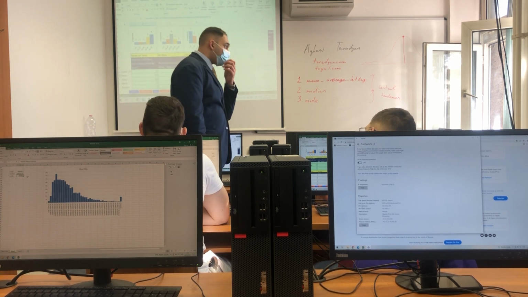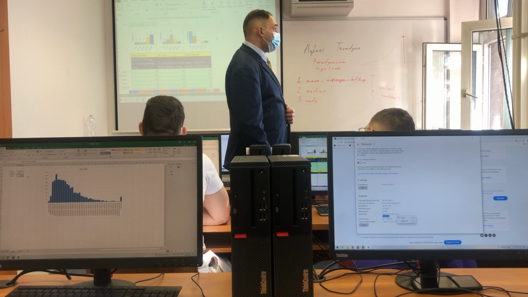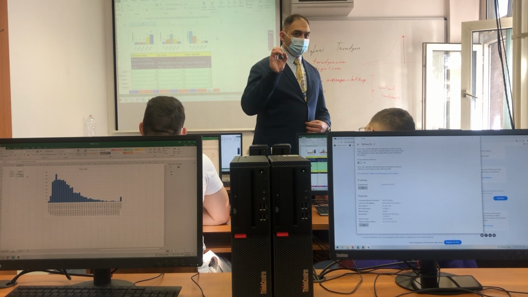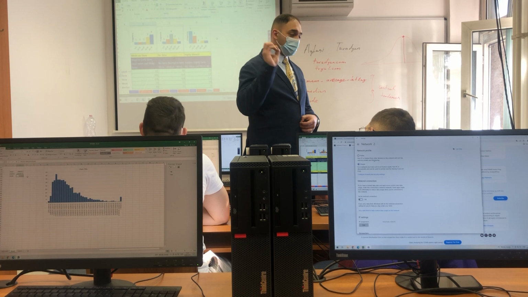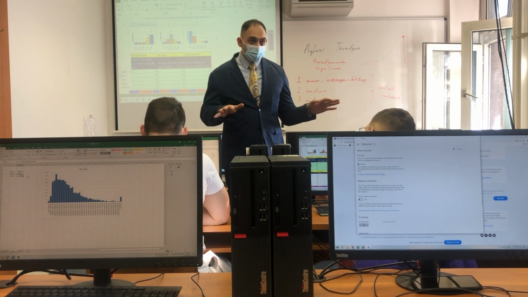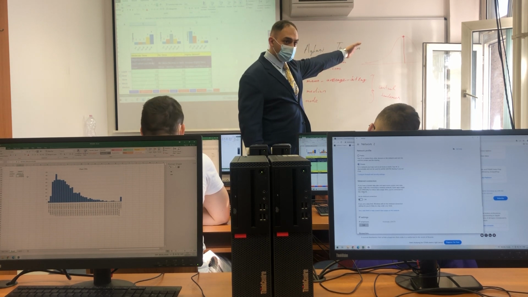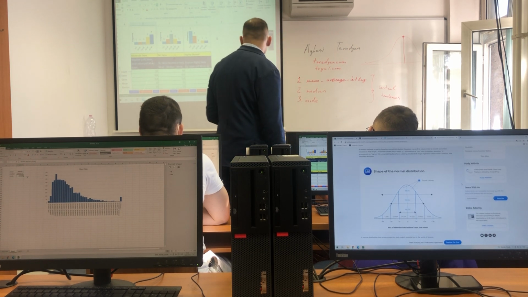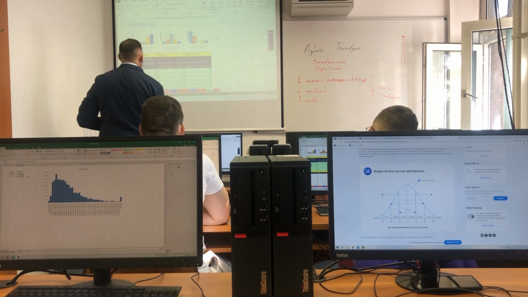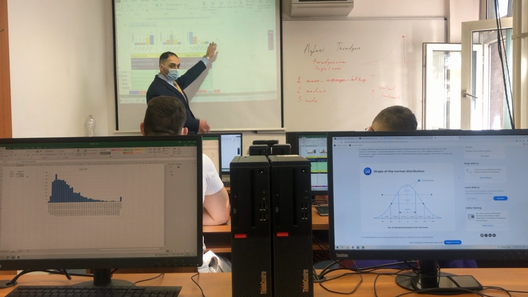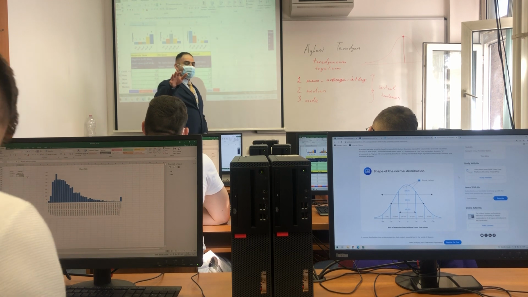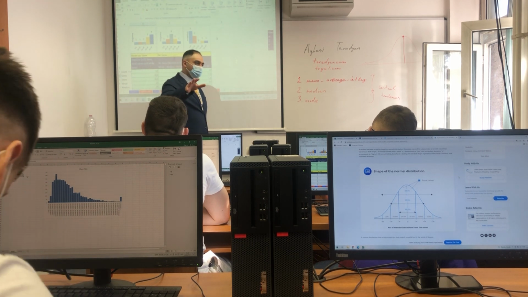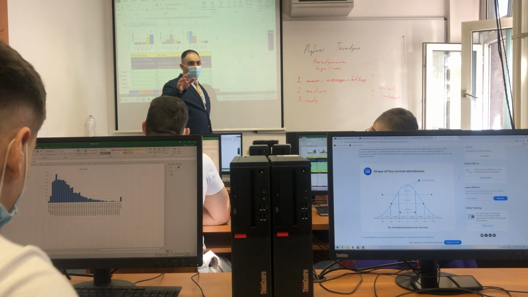Skewness shows this: if the skewness parameter is 0, then our distribution is not skewed. It's symmetric, like the normal distribution. If it has a positive skewness, it is skewed to the right, like in the case of the wages of the population we just learned.